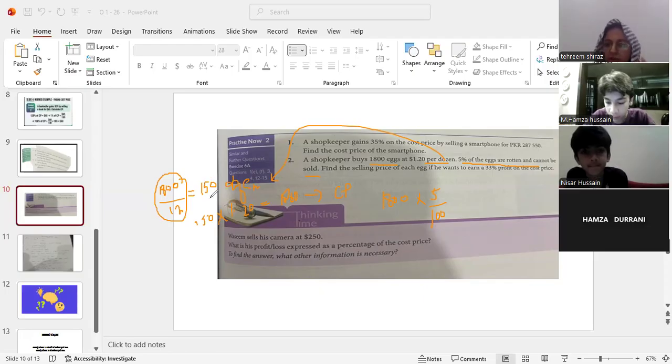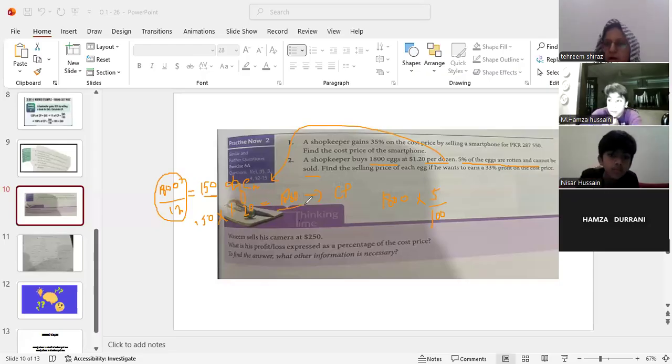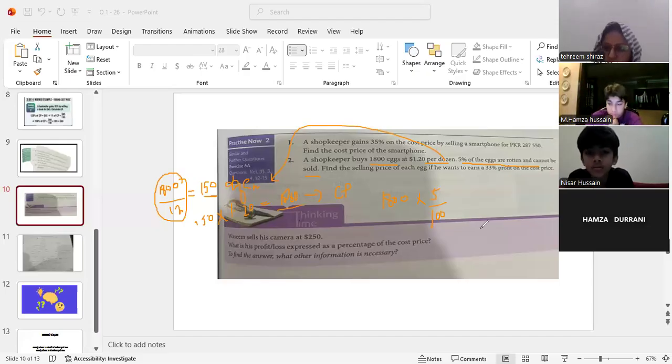How many dozen eggs has he bought? He has bought 150 dozen eggs. Now he said the price per dozen is 1.20. It means that since he bought 150 dozen eggs, we multiply it with 1.20 to know how much he has spent on buying the eggs. Clear? The total amount is 1800 for 150 dozen eggs. Is this clear, Nisar, now?